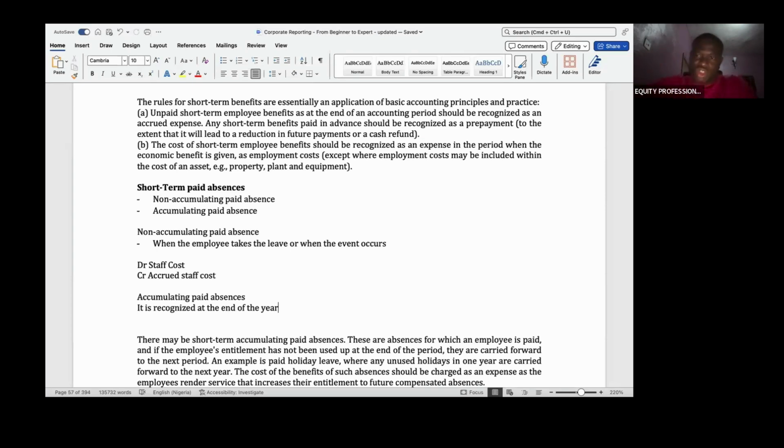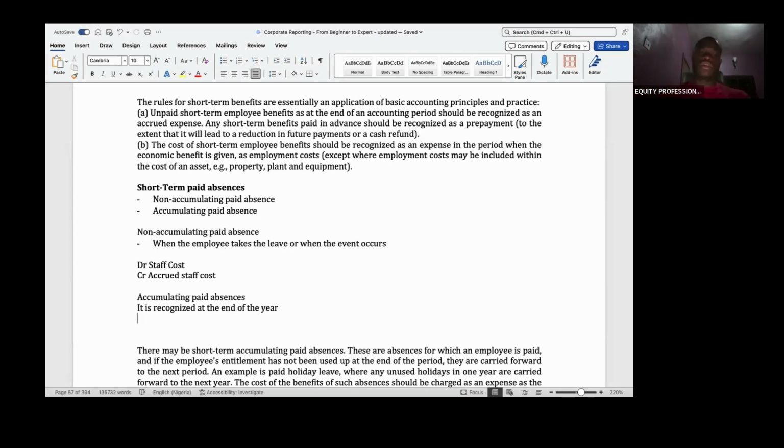That's our obligation. That is what we owe. So it is the estimate of the additional costs that will be recognized as liability.